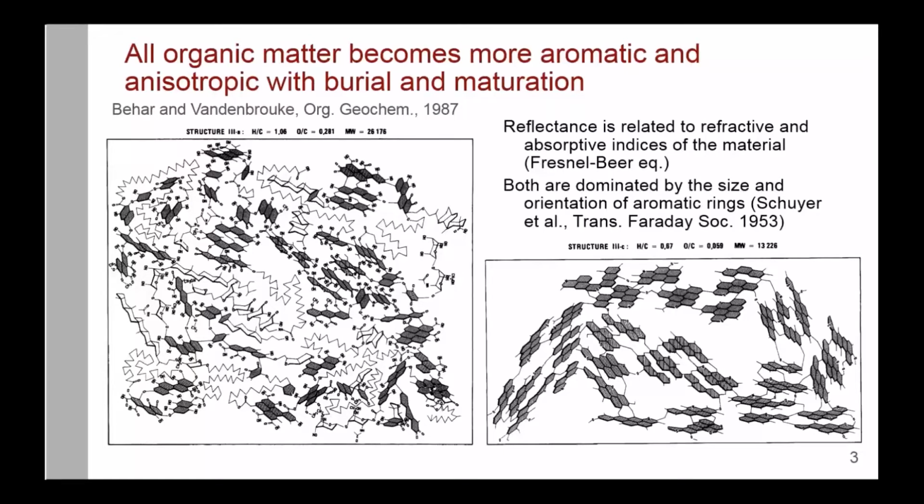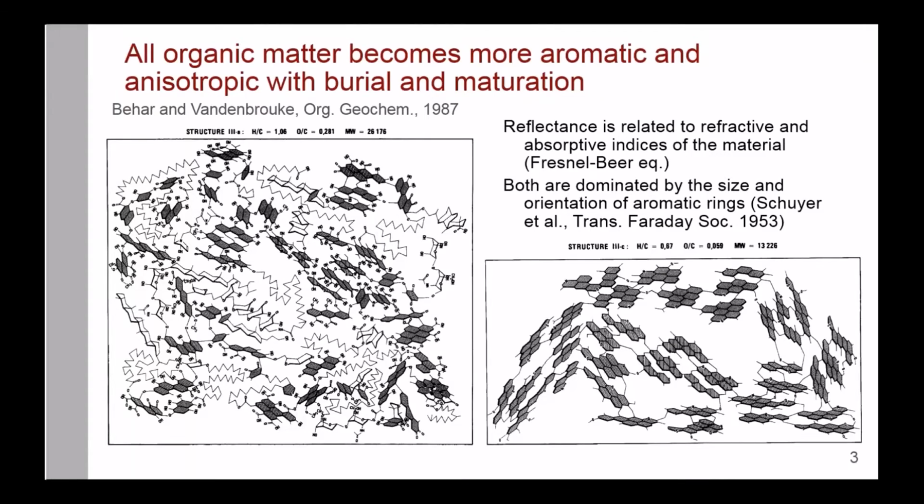For the materials of interest, the reflectance is dominated by the size and orientation of the aromatic rings. Vitrinite reflectance becomes anisotropic at high maturity because of the selective orientation of the aromatic rings.